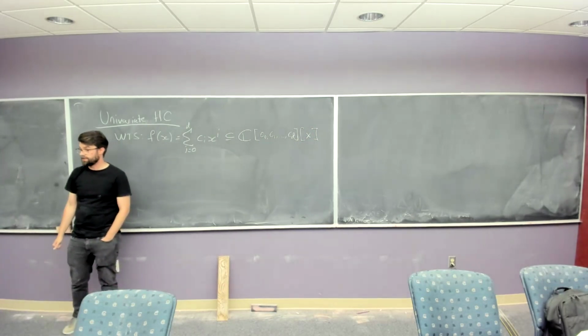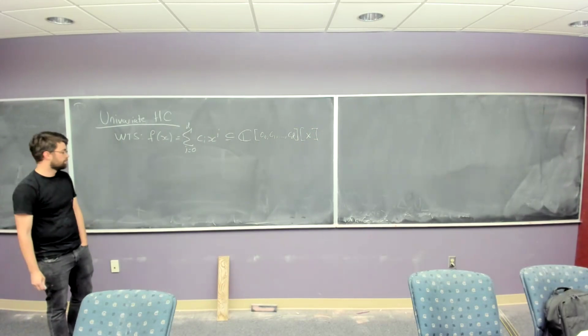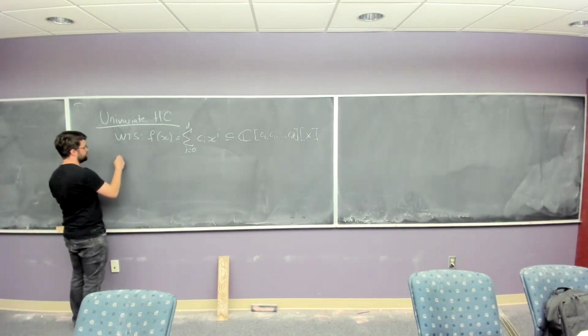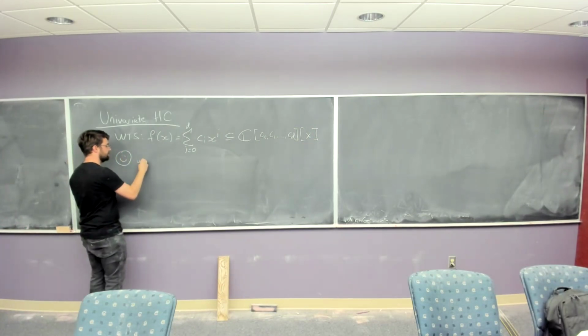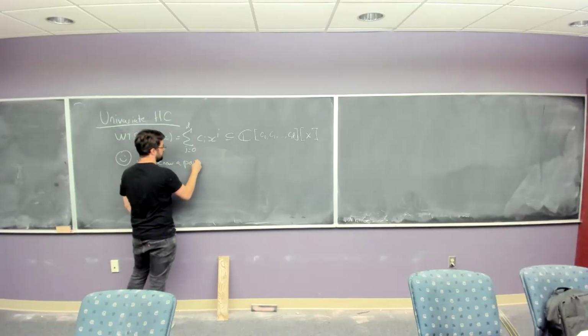It's a square polynomial system because there's one equation, there's one variable, it has d plus 1 parameters. And what makes us happy is that we know a parameter which is easy to solve.